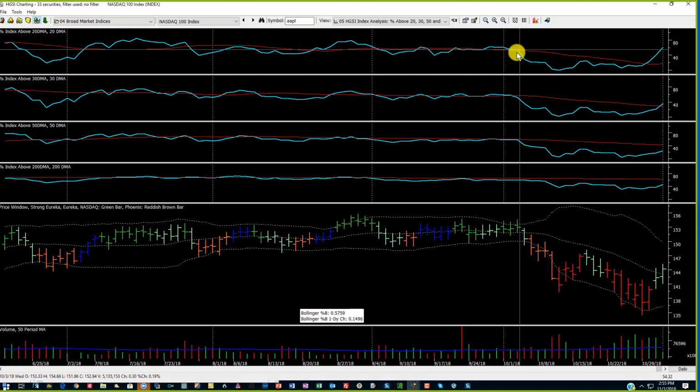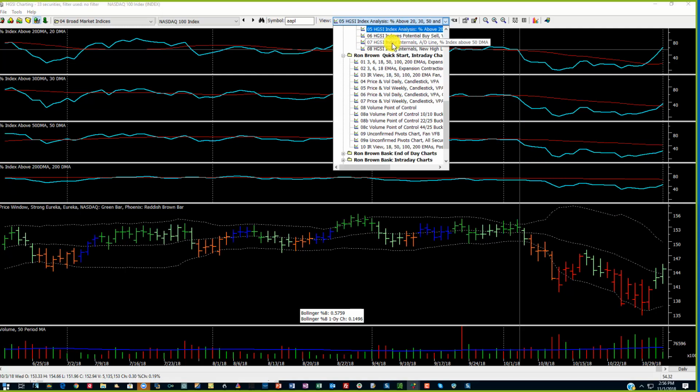You can see that the percentage of stocks above their 20, 30, 50, and 100, they were all below their moving averages. So distribution was really setting in back here. I really like this chart because it shows me these things, the percentages of stocks above their moving averages.